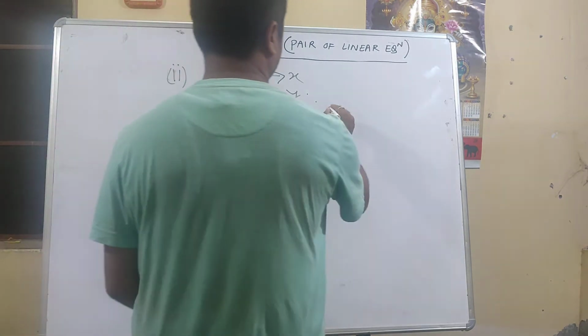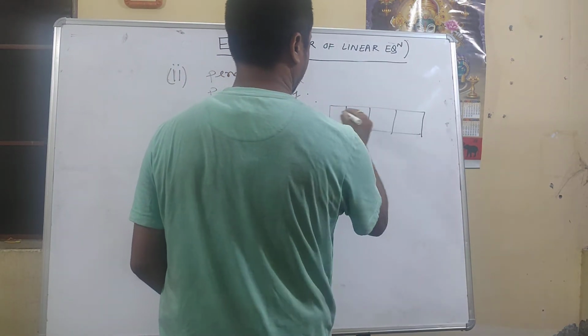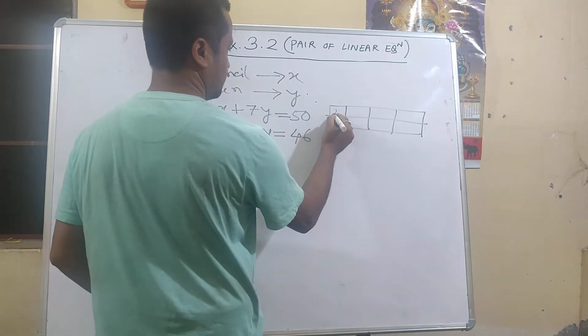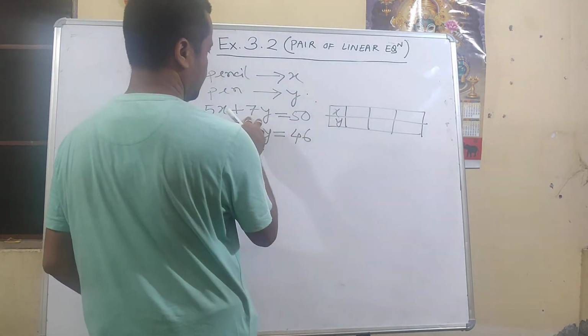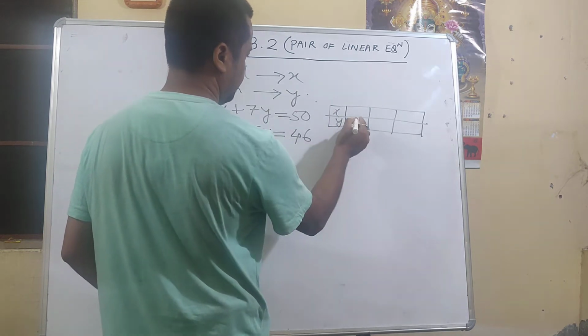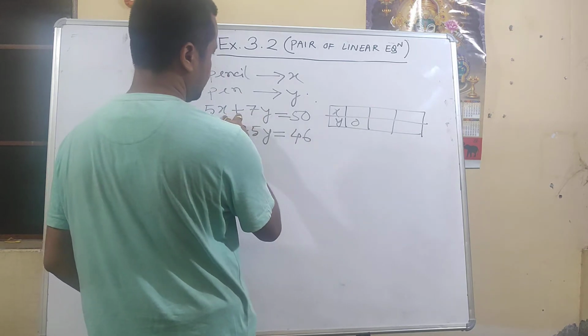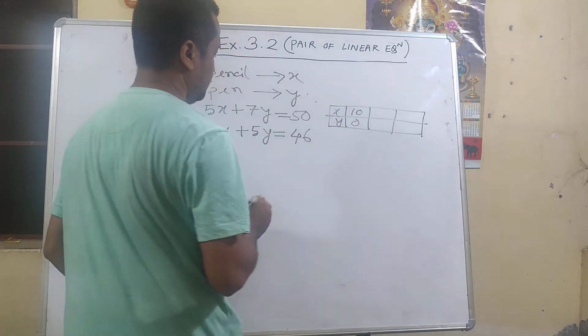So for this, draw a table with x and y. If x is equal to 0, or y is equal to 0. If y is equal to 0, then 7 into 0 is 0, so x will be 10.